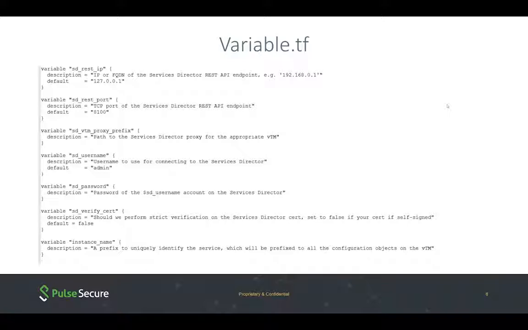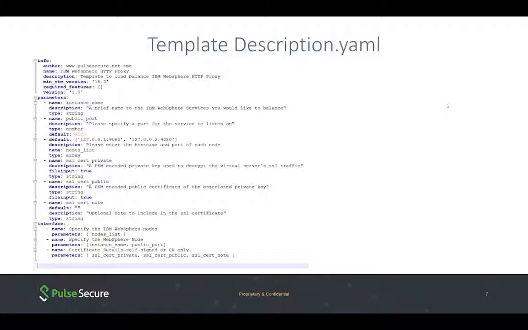Now, on the variables side, it defines the input variables used by main.tf. Services Director prompts the user for the values of these variables using the web UI. And finally, the template description.yaml contains the detailed types of parameters and prompts for the web UI.